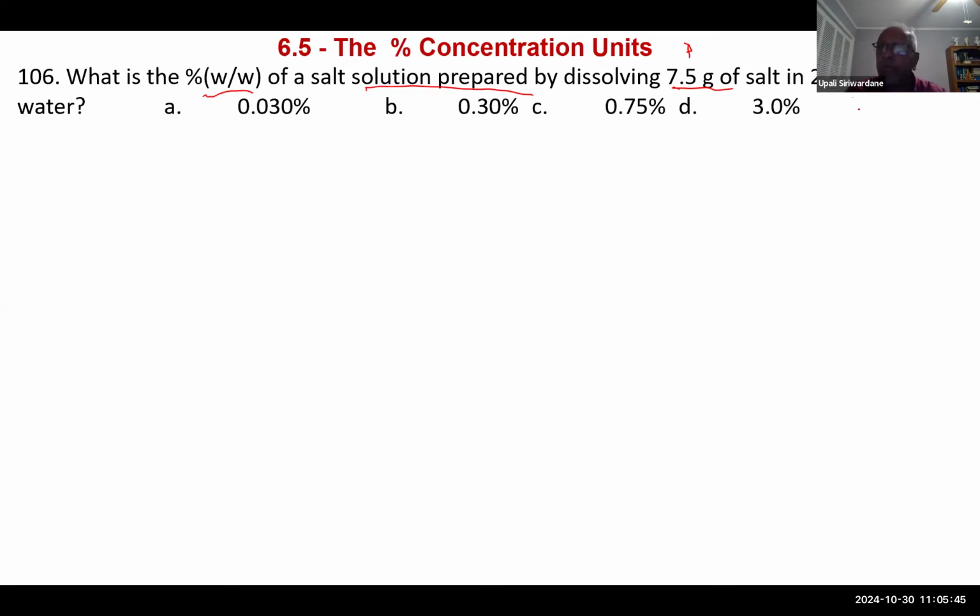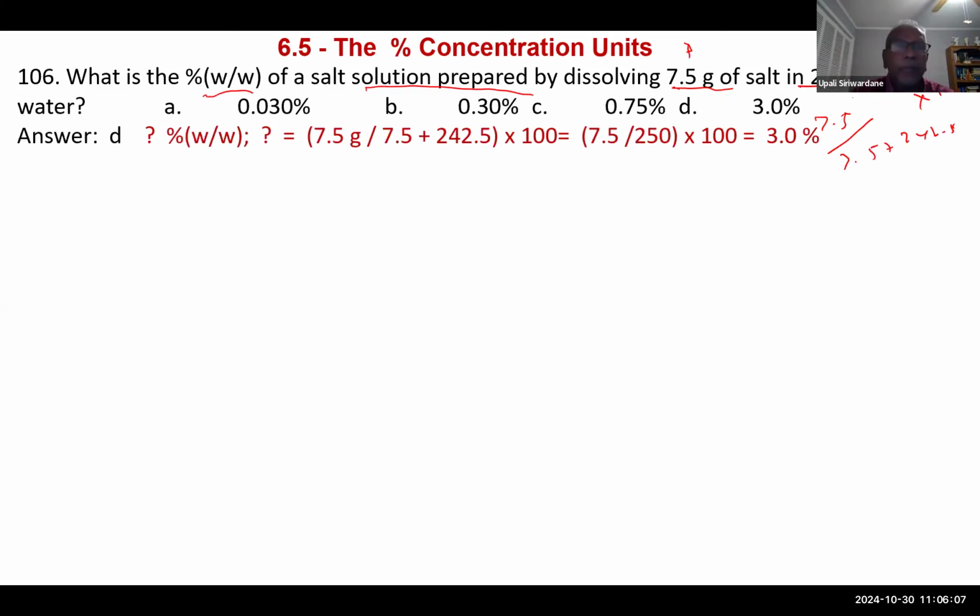Therefore, you have to add these two up to get the total. What is it? That means 7.5 divided by 7.5 plus 242.5, multiplied by 100. That is 3%. D is the correct answer.